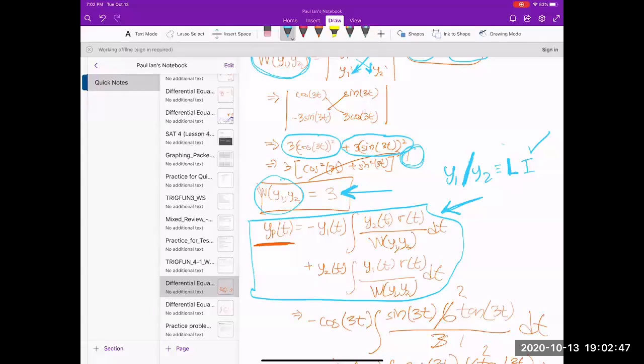That's why we had to get those four things: y1, y2, the Wronskian, and the right-hand side r(t). It's not really hard to memorize.